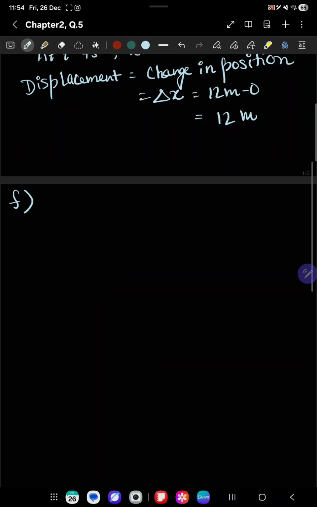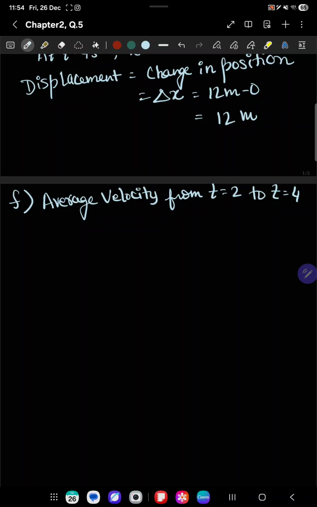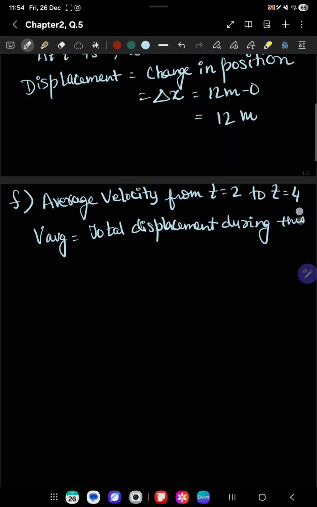Okay, so for average velocity, from t equals 2 to t equals 4, we need to write velocity average is nothing but the total displacement during this time upon total time taken.